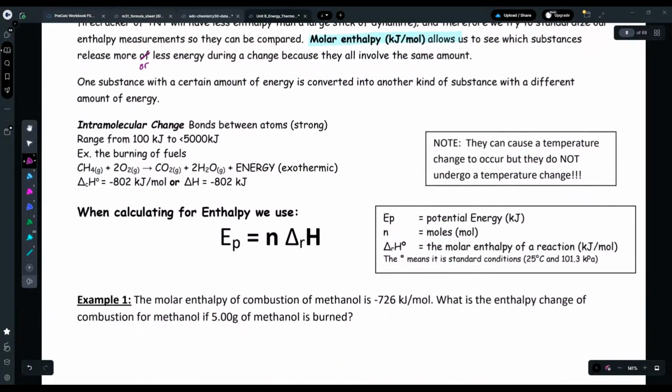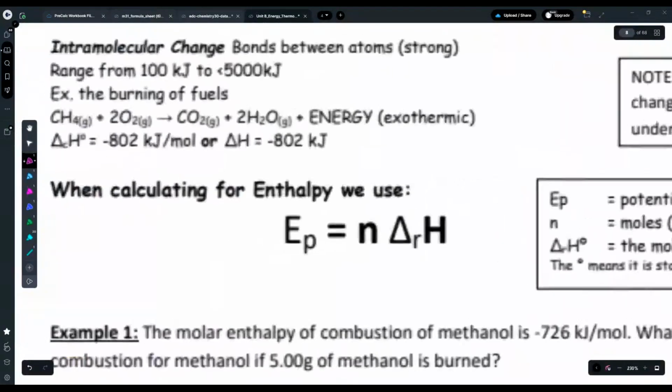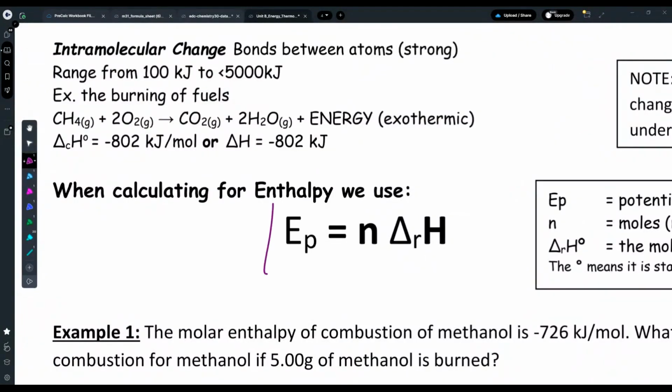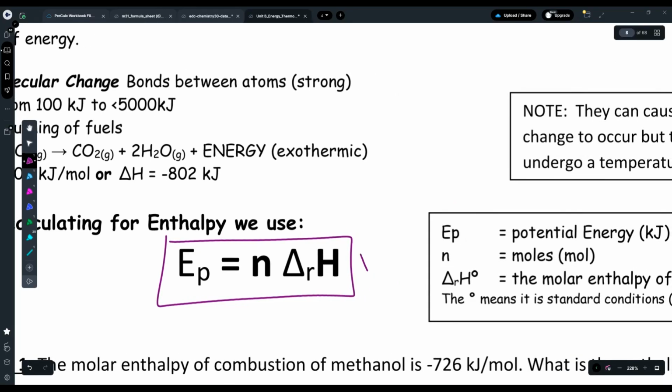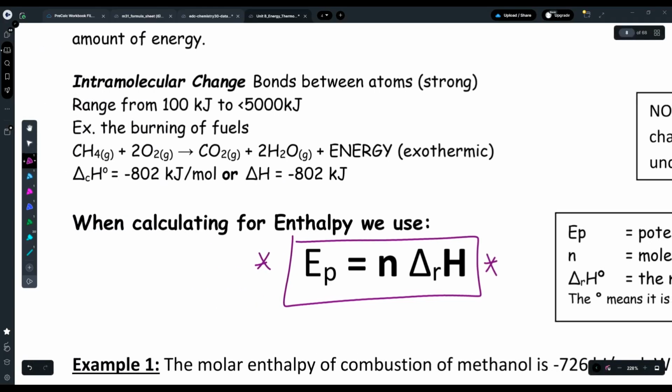Moving on to the formula we're going to be using when calculating enthalpy. Potential energy is equal to moles times the molar enthalpy of a reaction. This is not in your data booklet, so you need to memorize this.